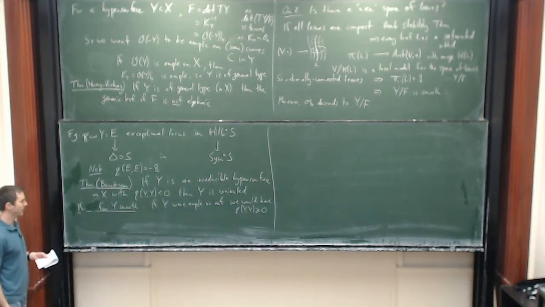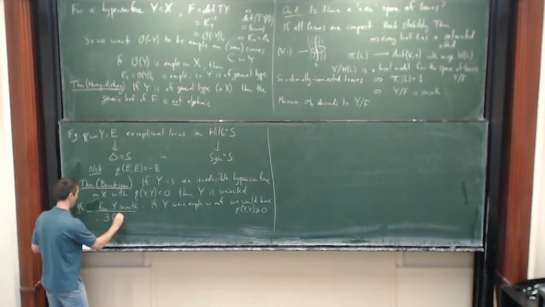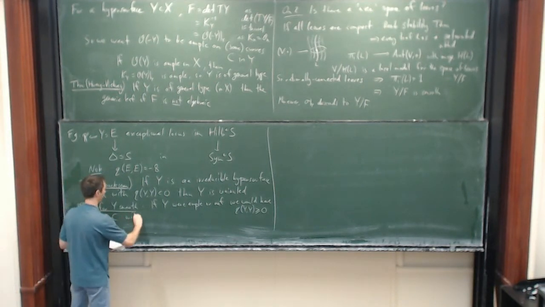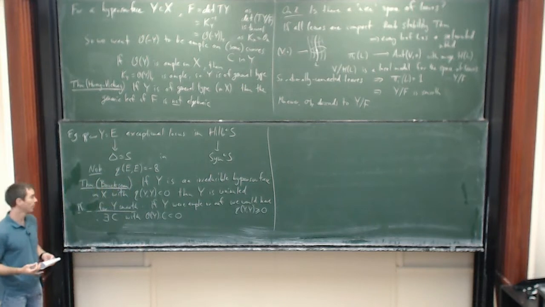Since that's not the case, it can't be nef. So therefore there's some curve C on which Y is negative.